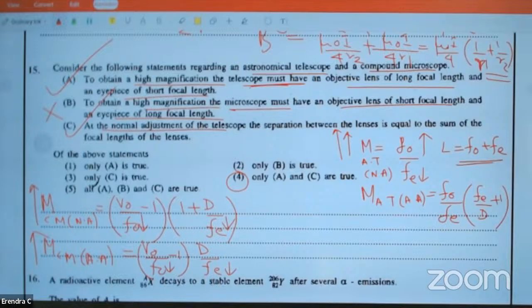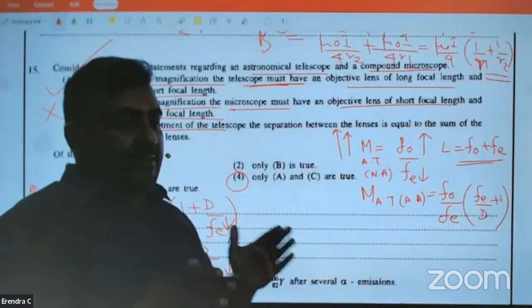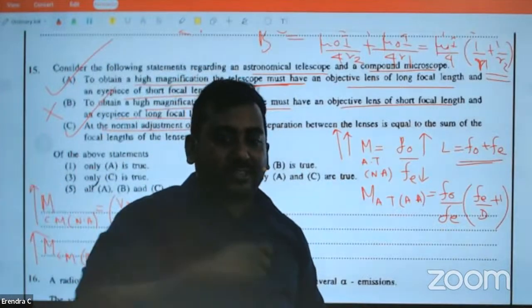Write down, these are the notes you should have. A-level MCQ comes quickly, you should write this. Then you know what to do.